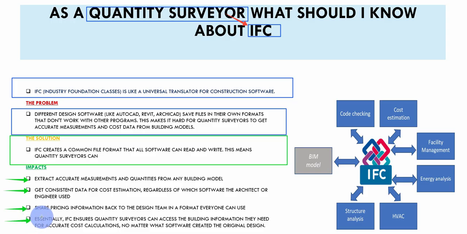So essentially, IFC ensures quantity surveyors can access the building information that we need for accurate cost calculations, no matter what software created the original design. So let's talk about this. When we are using the IFC, every QS, wherever you are working on a model, using an IFC model, you have to get the same quantities 100%.